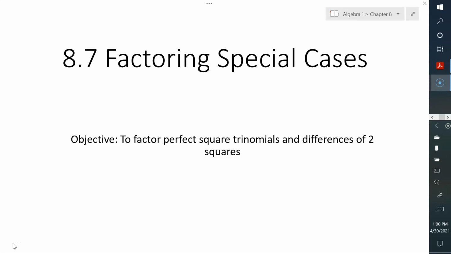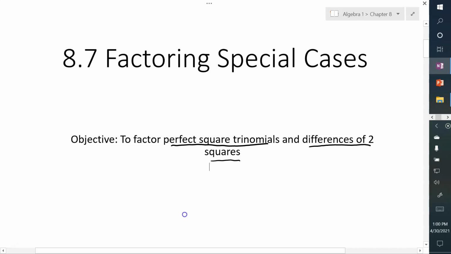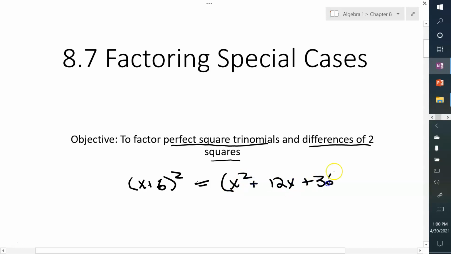And what we're going to do in this video is factor perfect square trinomials and difference of two squares. And you've done this going the other way. I've already had you do things like, if I said to you (x + 6)², you could then tell me that was x² + 12x + 36.